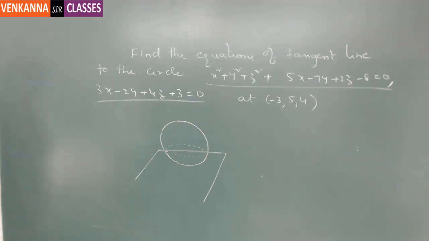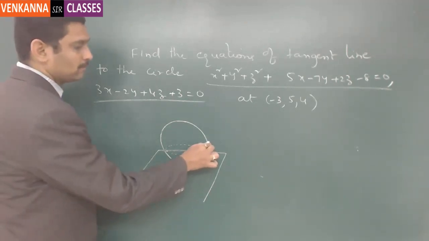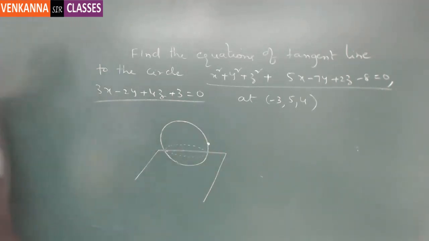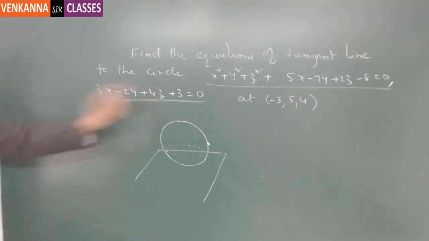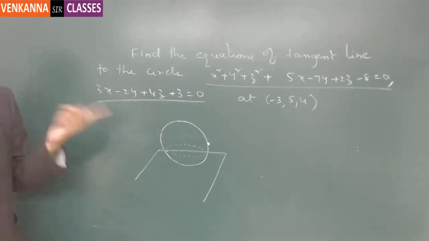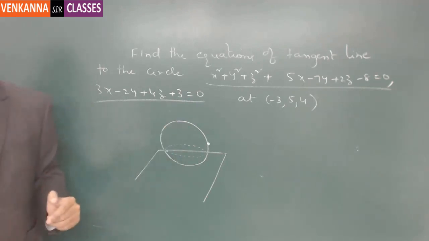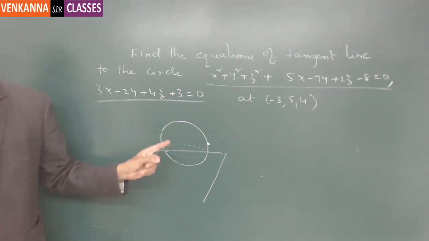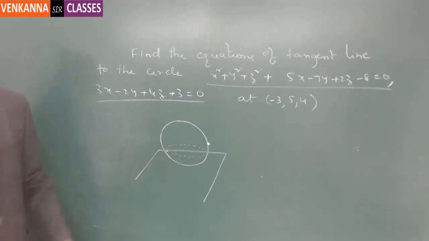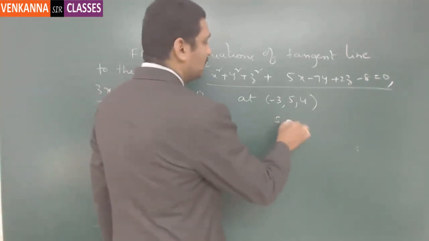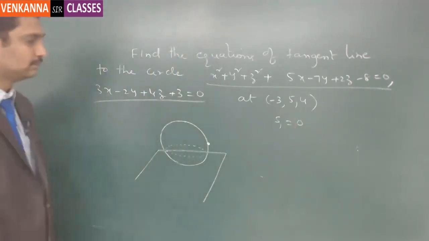Right. So we can see that this is the point (-3, 5, 4) which is lying on the sphere. Since I know a point on the sphere, at that point I will calculate the tangent plane using the formula S1 equal to 0.